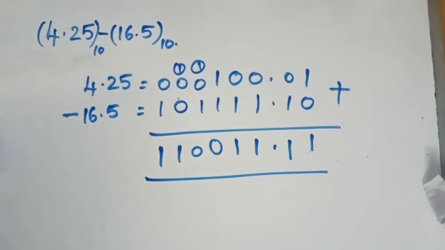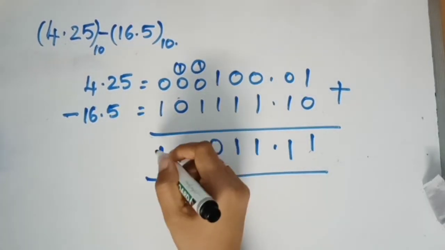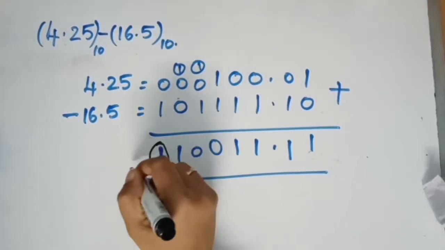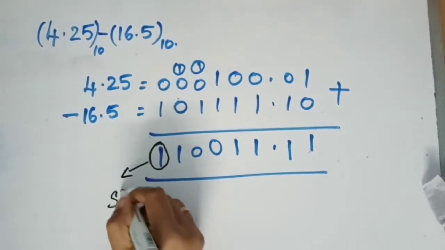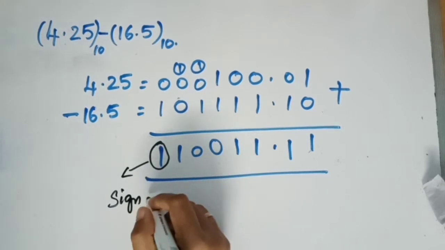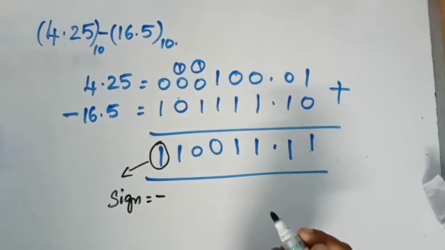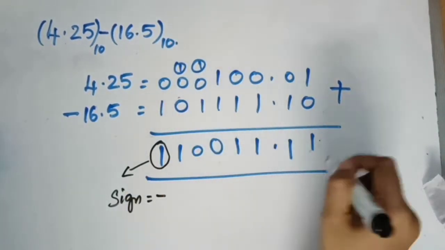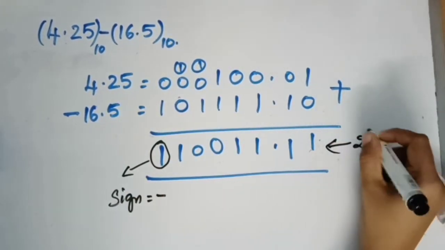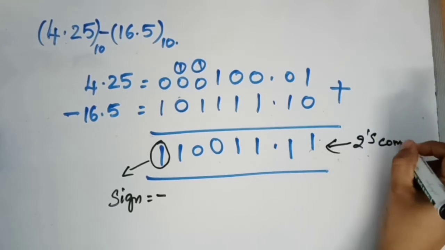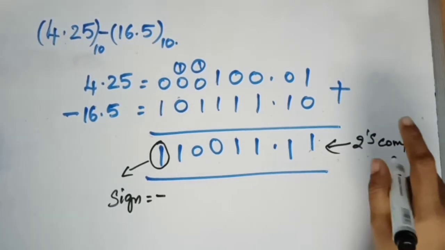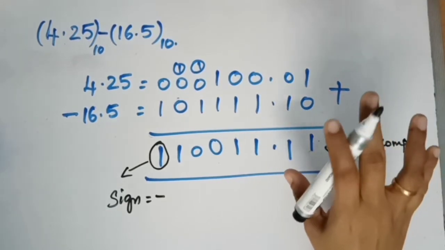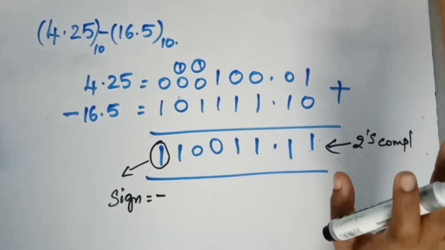So if you notice here, this is 1. This is your sign bit, and sign bit is 1 means sign is negative. So sign is negative means this particular thing is in the 2's complement form, because we are using the 2's complement method, and in the 2's complement method all the negative numbers will be in the 2's complement form.